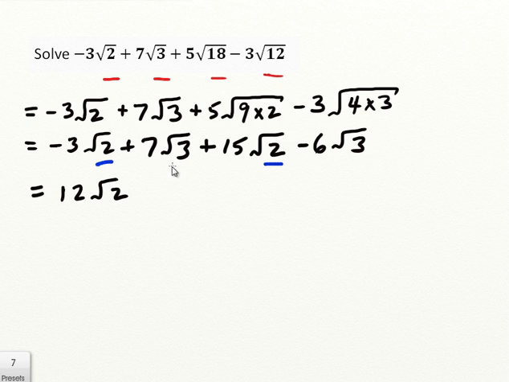And then I'll take a look at the root 3 like radicals, and I'll combine 7 root 3 minus 6 root 3, which is positive 1 root 3, and I typically will not write the 1 in front. So we were asked to solve this expression up here at the top, and you can see that it reduces to 12 root 2 plus root 3.